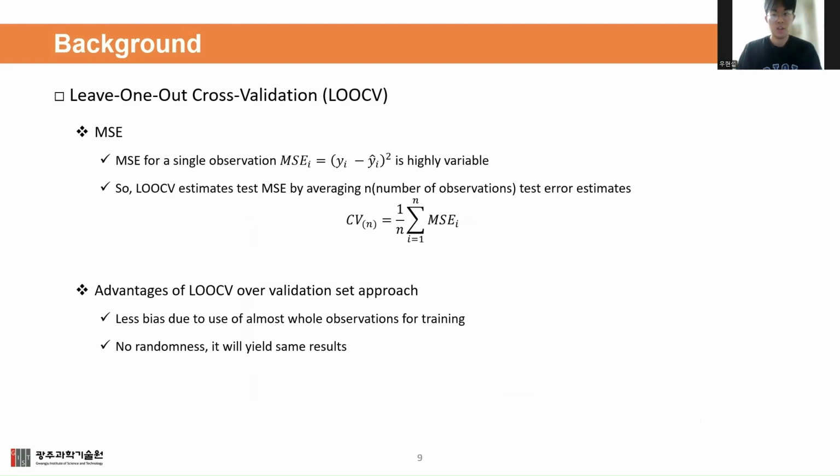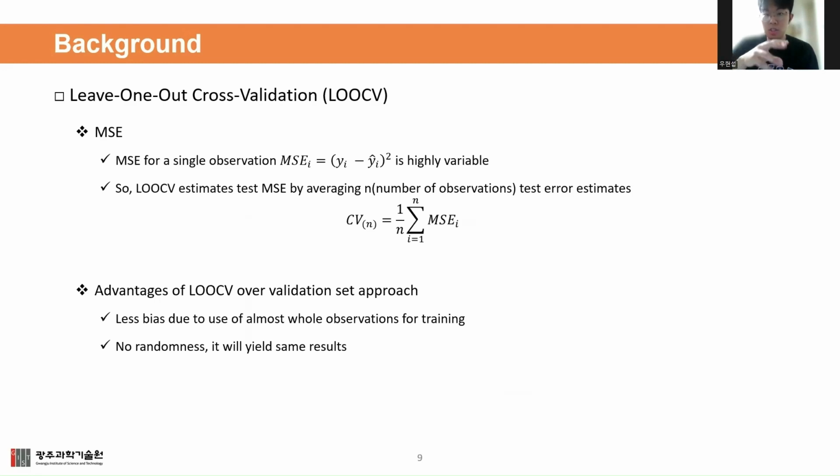In terms of MSE for this method, the MSE for a single observation is highly variable. So LOOCV estimates the test MSE by averaging over n, the number of observations. The validation data, which is a single observation, changes to a whole different observation each time.